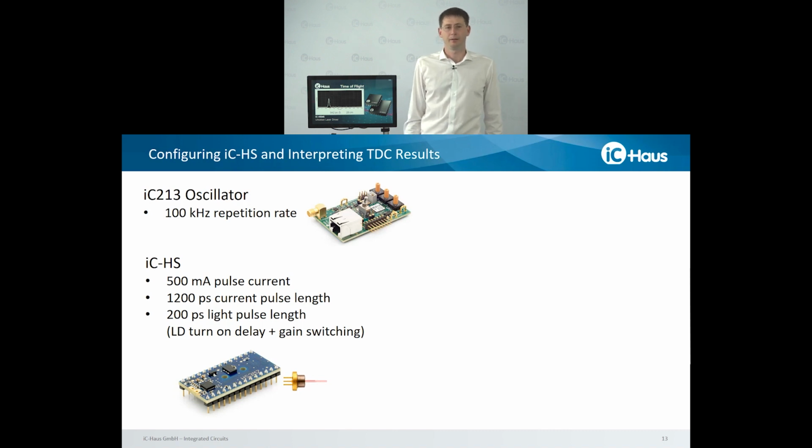So here we set it to 1,200 picoseconds electrical pulse length in the iC-HS, which yields a 200 picosecond light pulse. This is due to one physical effect in the laser diode itself.